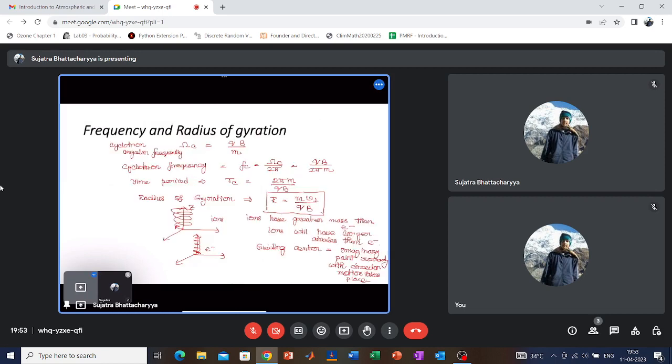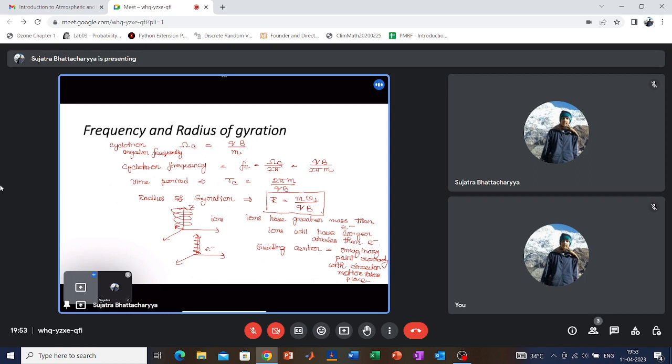And before that I have listed the formulas for the cyclotron angular frequency, the frequency, time period and radius of gyration. And we have seen that for the ions the radius of gyration will be greater than that of the electrons because their mass is more. But the most important thing is that the m by q ratio is what actually matters. The guiding center is that imaginary point around which the circulation takes place.